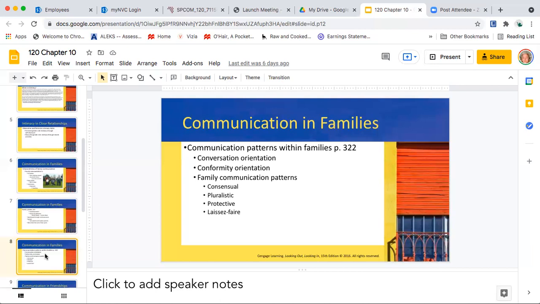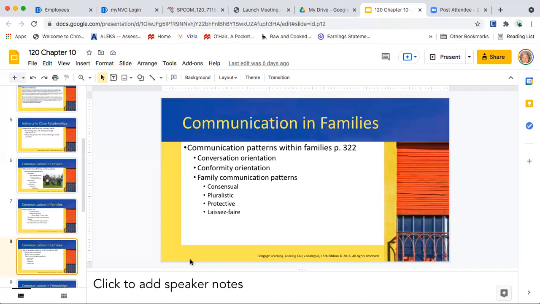I'm going to put this more in my own words than read the book, because it's making me not talk very smoothly. A consensual orientation in a family communication pattern is where decisions are seen as needing to come to a consensus.